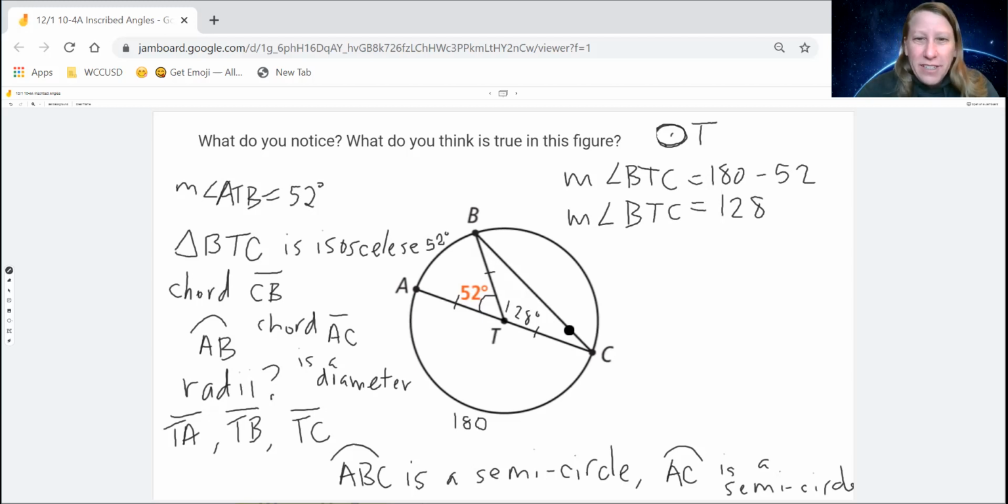Can we find, what do we know? It's an isosceles triangle, right? So let's talk about finding angle ACB. To find the measure of angle ACB, how are we going to do that? How would you work that through?